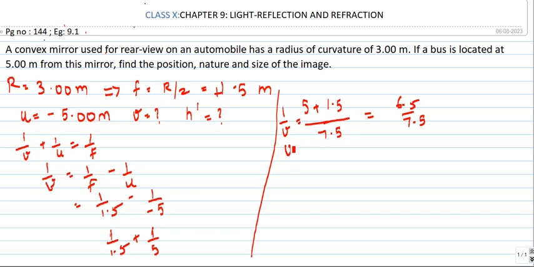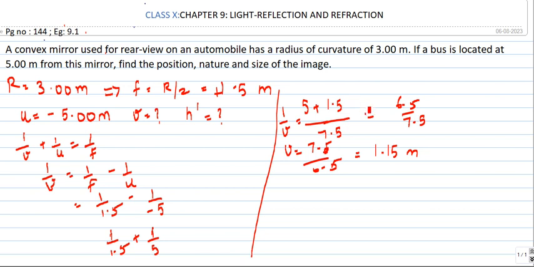So v is 7.5 by 6.5, which is 1.15 meters. What do we see here? The image distance is positive.